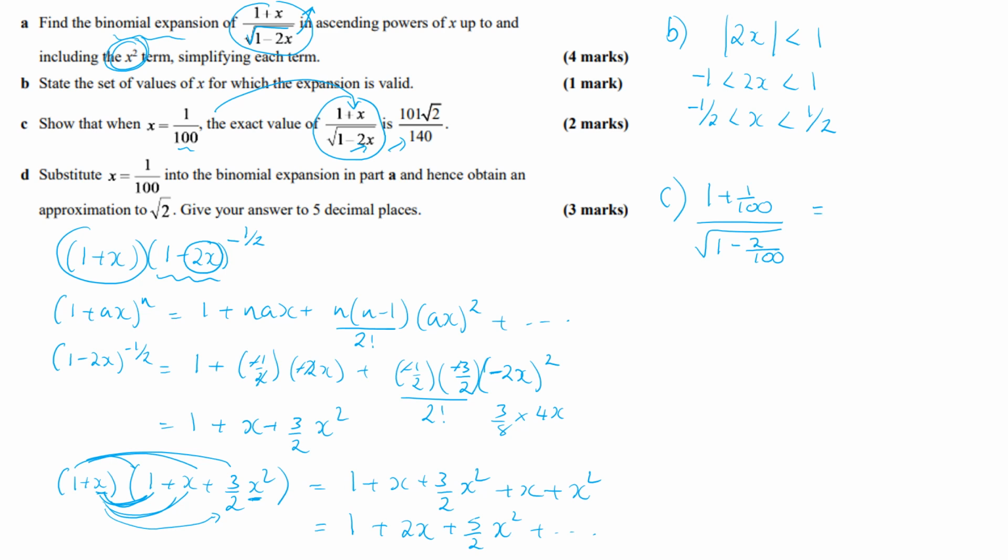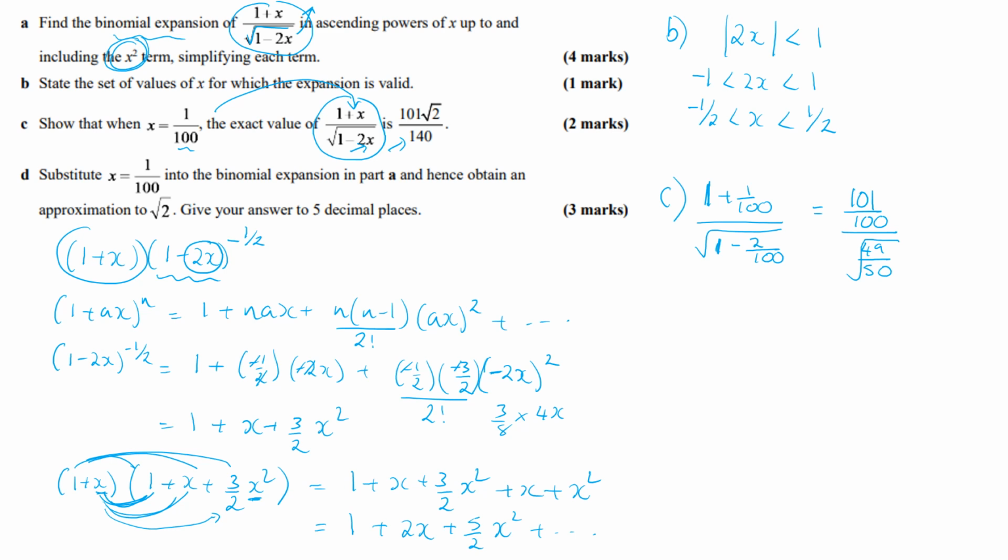So on the top, that whole one is going to be 100 hundredths plus another 1, so it's 101 over 100 divided by, now this is a whole one, minus 2 hundredths, which is 1 50th. So a whole one is 50 50ths minus 1 50th is going to be 49 over 50, and we need to square root that.